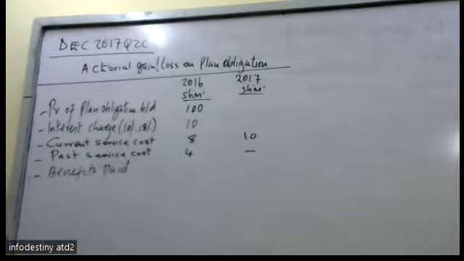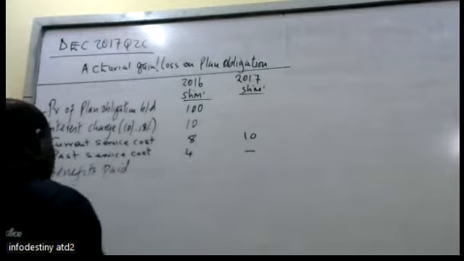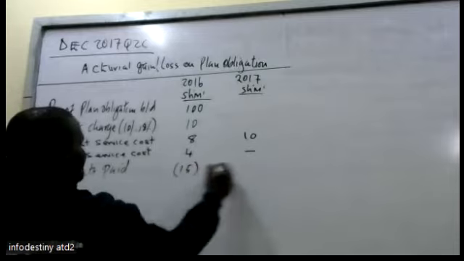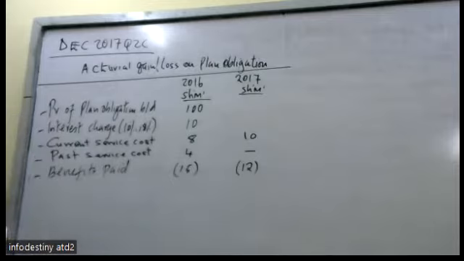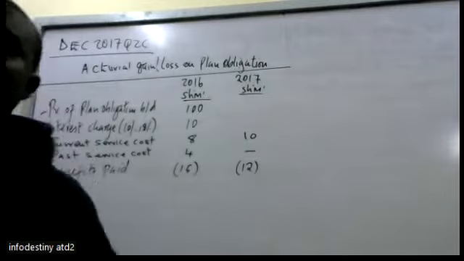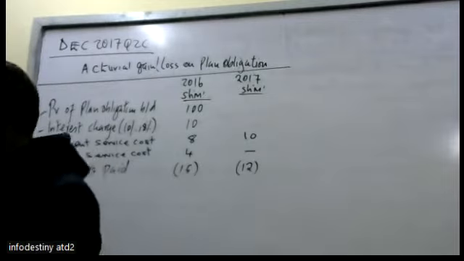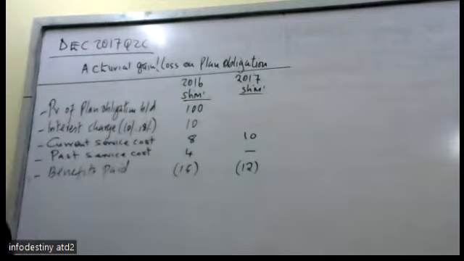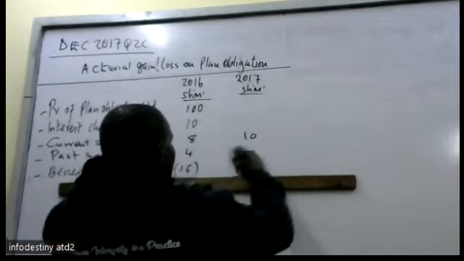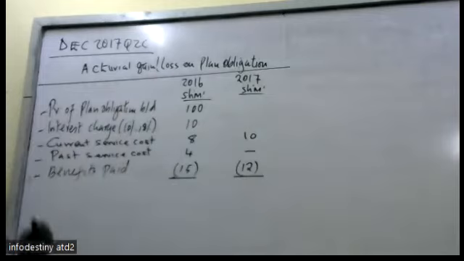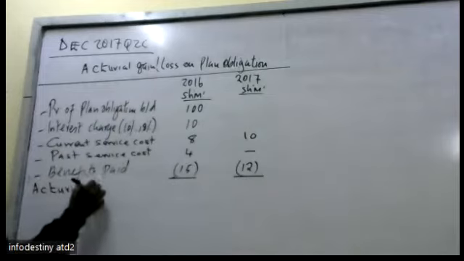So benefits paid, how much is this? 15 and 12. And past service cost is very rare. So what you get here is what we call the actuarial assumption.